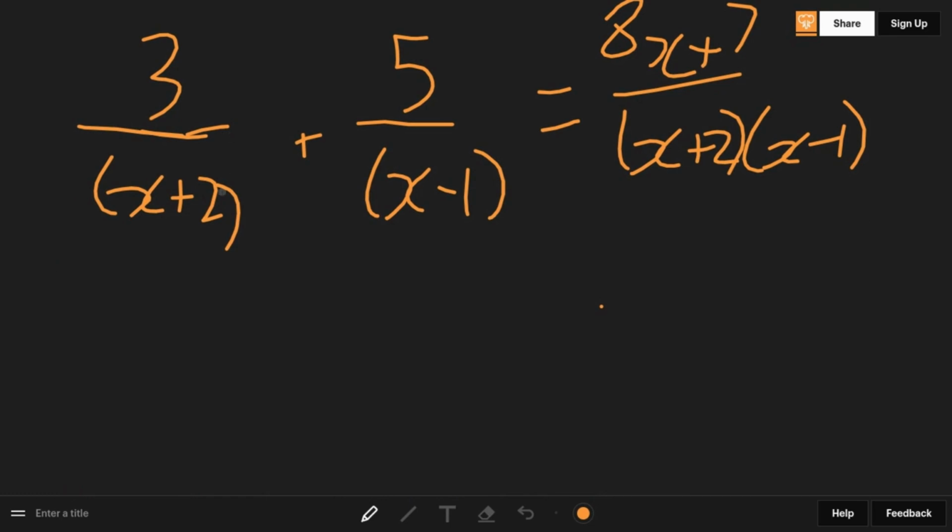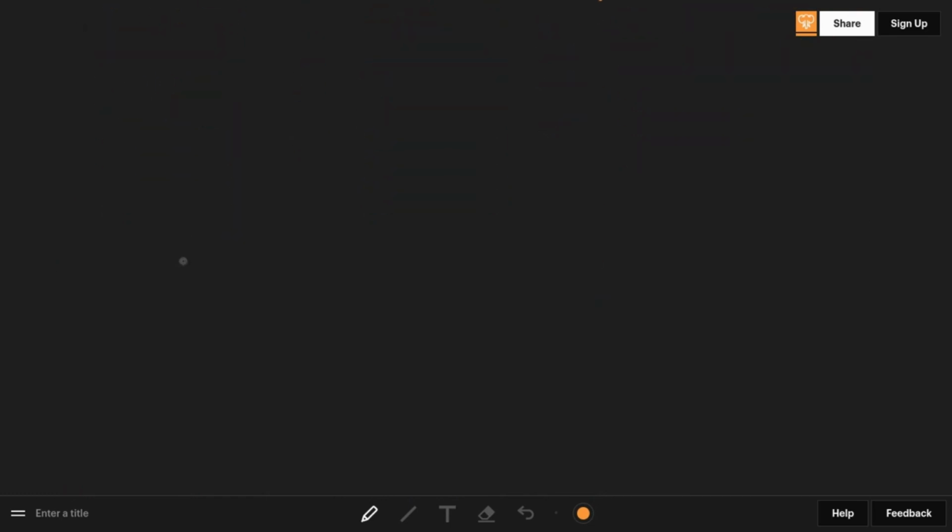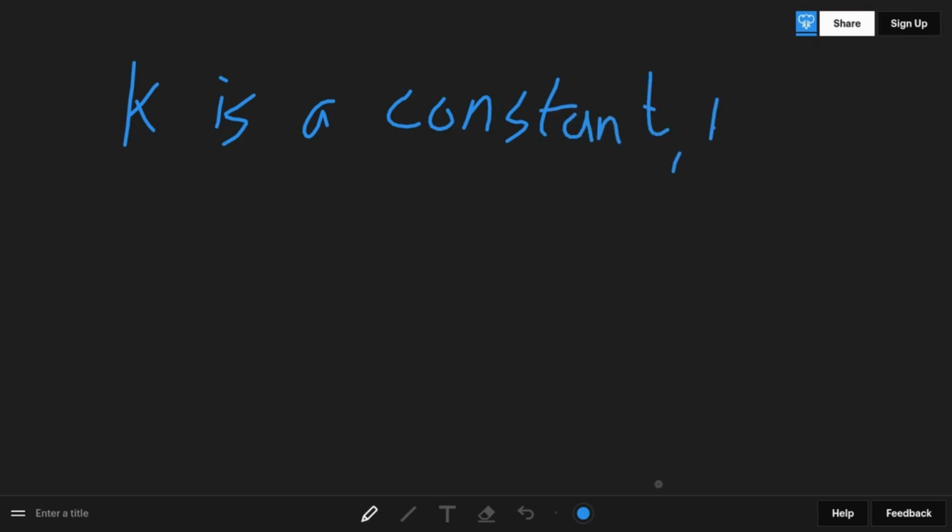Another thing that was covered in chapter 3 was variation. So direct variation. In all of these, first of all, k is a constant, and it does not equal 0. That's something that we can assume.